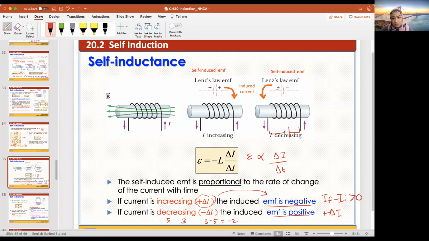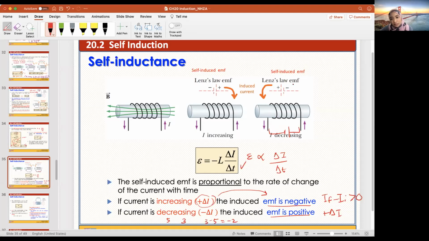So dia nak cakap sini positif, sini negatif. Saya tak tahu kenapa dia panggil positif. So to me, this sentence is confusing. The way that you should determine this is to know whether it's opposing or trying to push the I to increase. Okay. So if the current is decreasing, negative delta I, the induced EMF is positive. It only refers to this equation now.